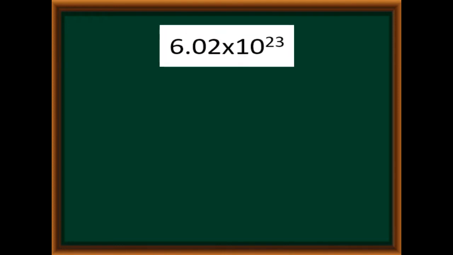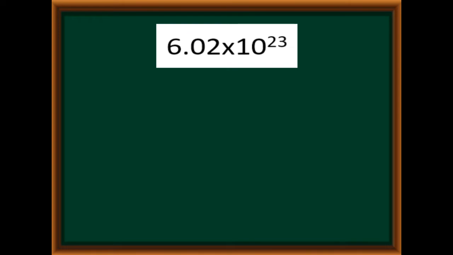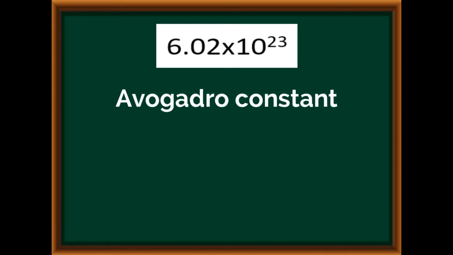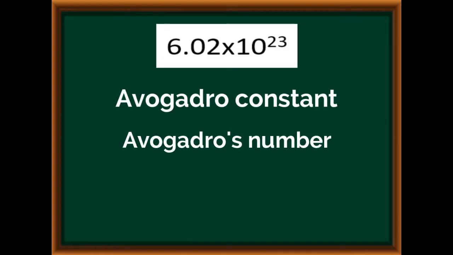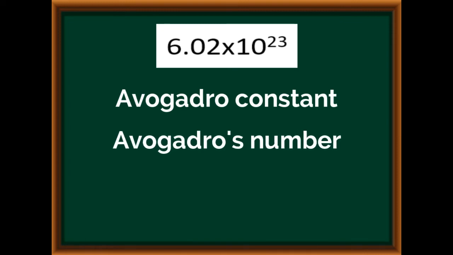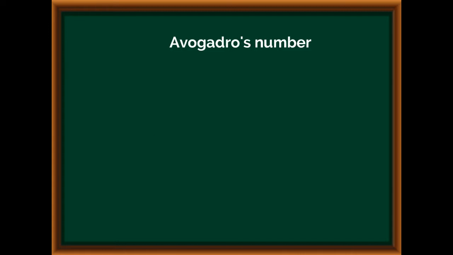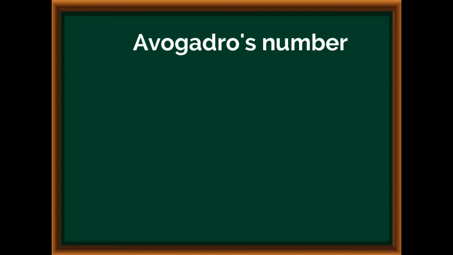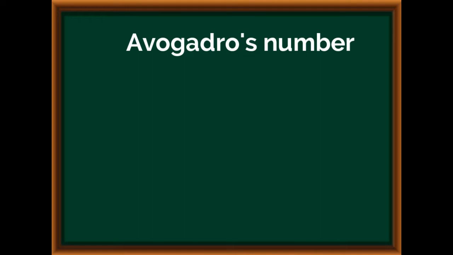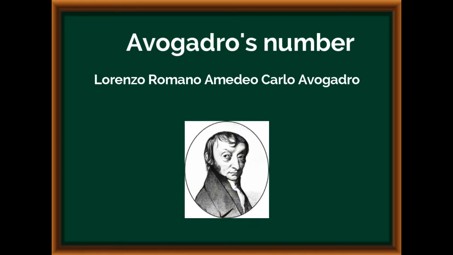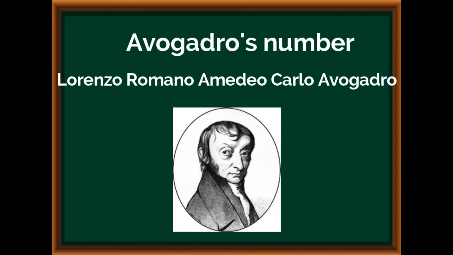The number 6.02 times 10 to the power of 23 is popularly known as the Avogadro constant or Avogadro's number, and is often denoted by the symbol Na. Avogadro's number was formulated and was named after Lorenzo Romano Amedeo Carlo Avogadro.